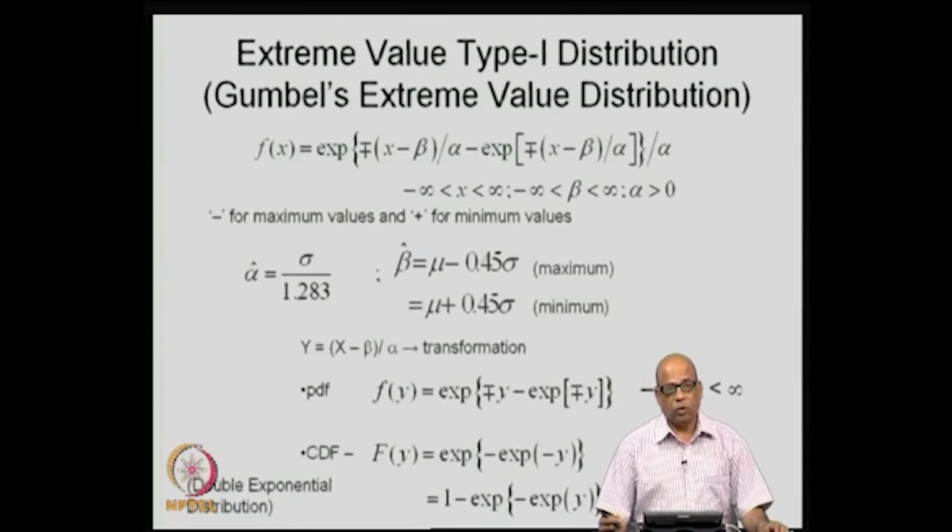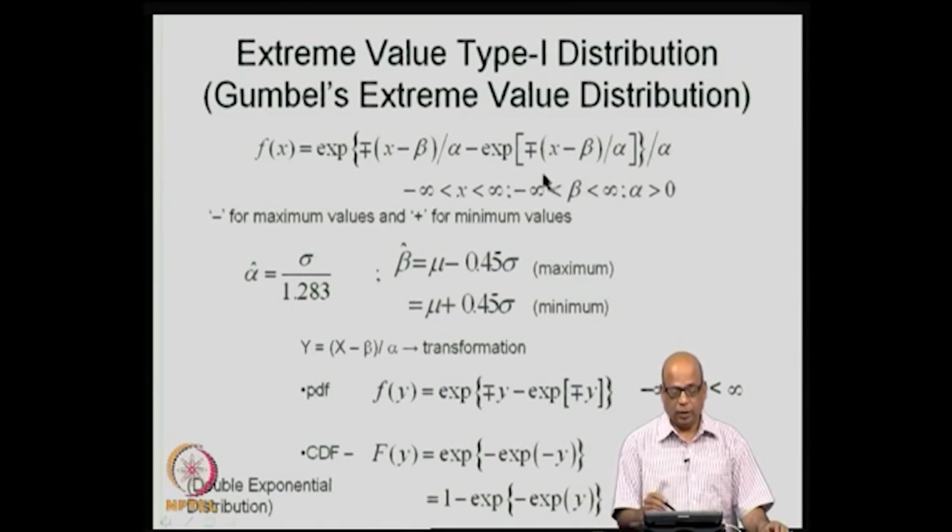So, if you recall, we discussed the extreme value type 1 distribution in the last class, which is also called Gumbel's extreme value distribution. Commonly in the hydrology literature, we find this nomenclature, that is Gumbel's extreme value distribution or simply Gumbel's distribution. We introduced this PDF in the last class, f of x given by this expression.